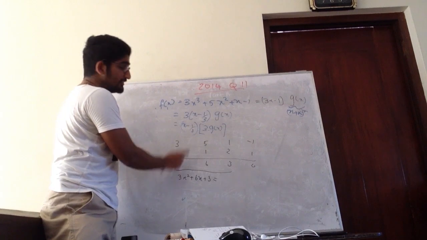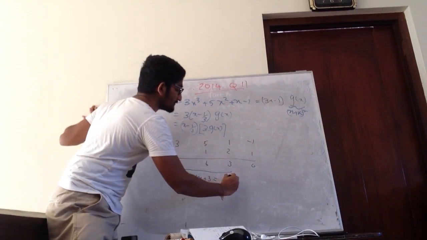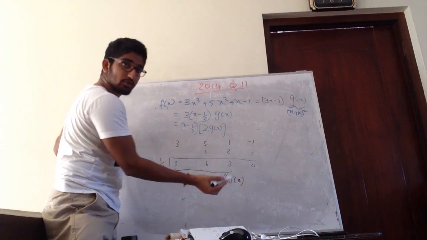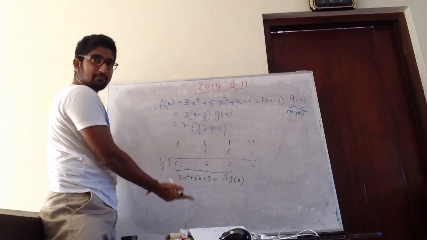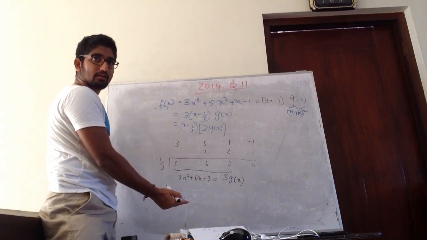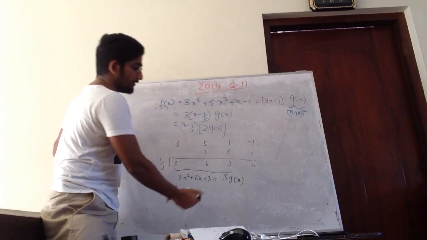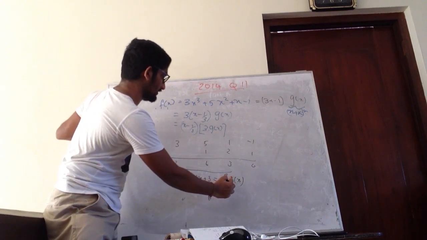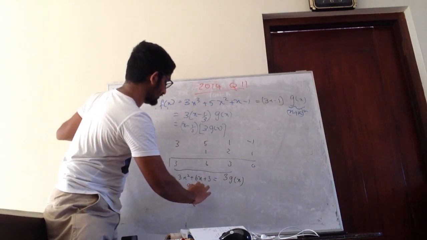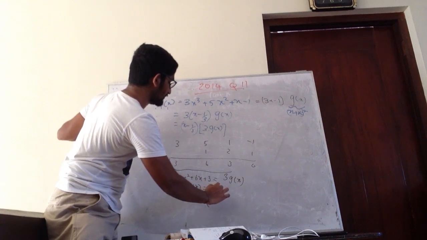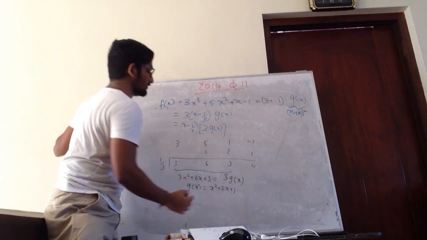What is this? This is basically 3gx. So for you to get gx, you divide by 3. So you get gx, divided by 3, is x squared plus 2x plus 1.